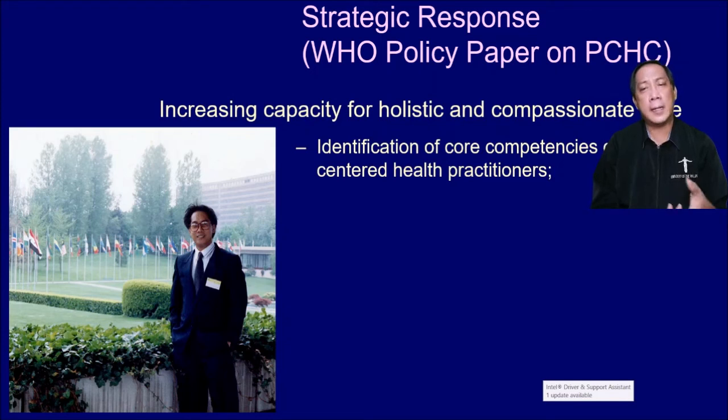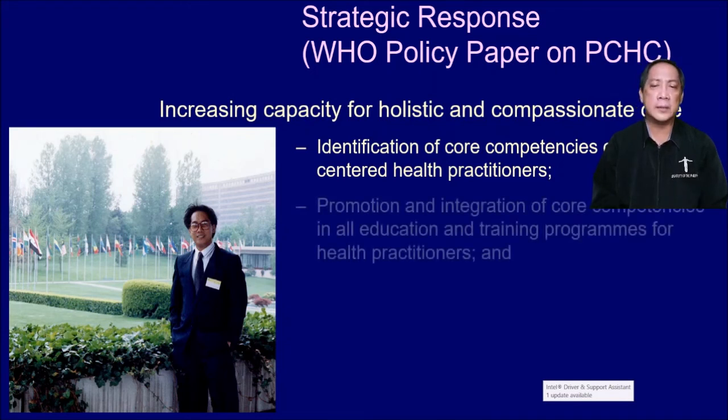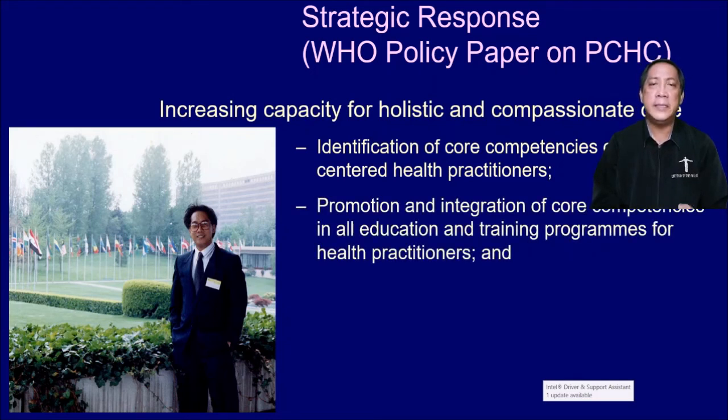People-centered, what exactly are the core competencies needed to provide holistic compassionate care? We need to do promotion and integration of core competencies in all education and training programs for health practitioners.